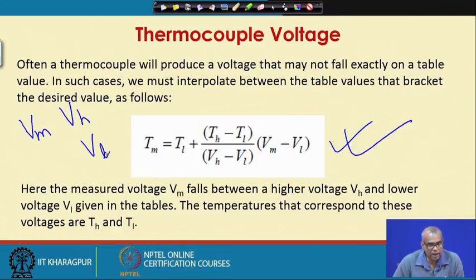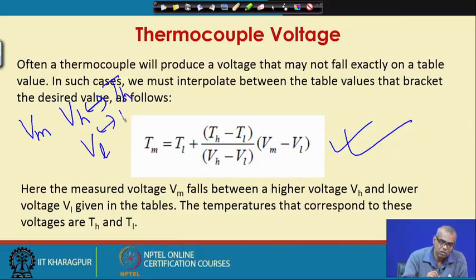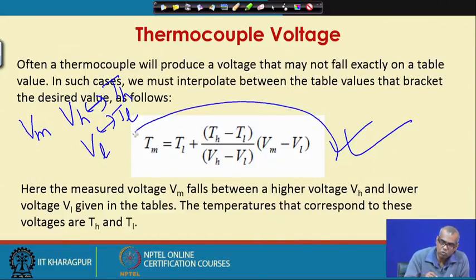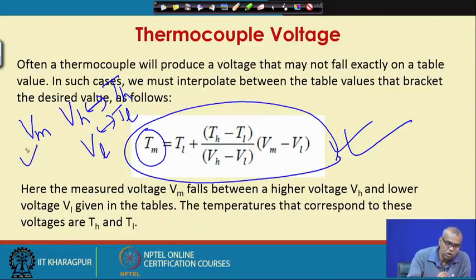So, Vm is bracketed between Vh and Vl. Corresponding to Vh, I find that Th is the temperature of the measuring junction from the table. Similarly, Vl corresponds to measuring junction temperature Tl. Then I make use of this formula for interpolation. So, measuring junction temperature corresponding to output voltage Vm is Tl plus (Th minus Tl) by (Vh minus Vl) into (Vm minus Vl). So, this is a simple interpolation formula.